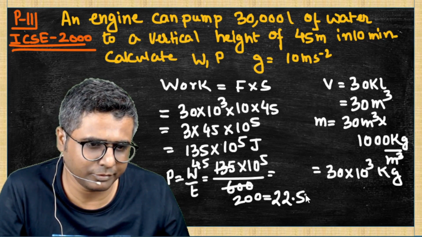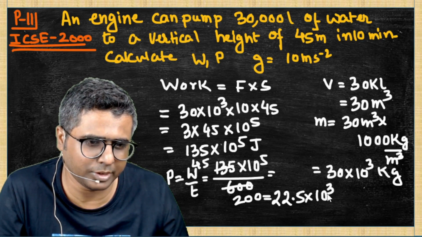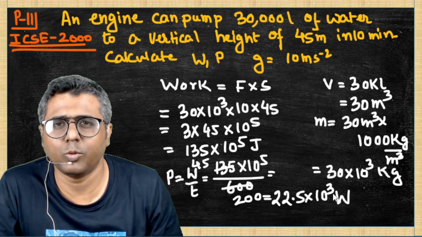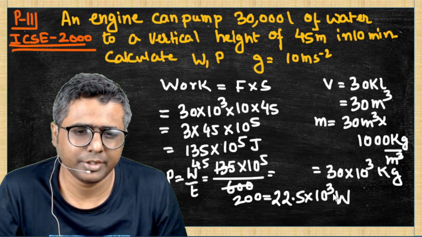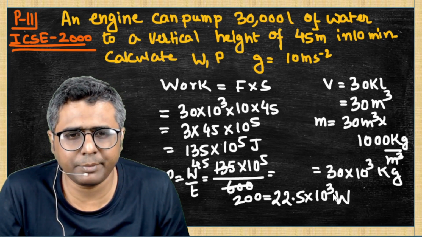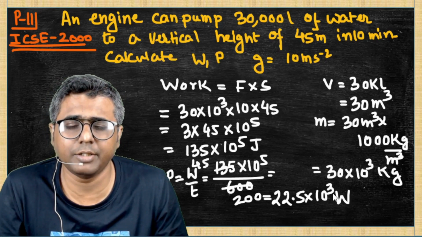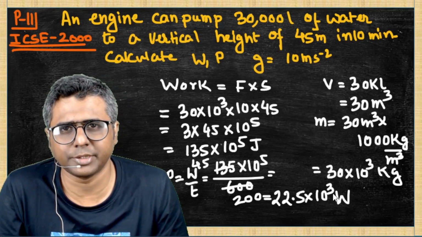So this will be 22.5 into 10 to the power 3 watt, because everything was in SI unit. So that's the end of problem number 11. It's a little bit lengthy, little bit calculative, but again it is a direct formula based problem, correct?